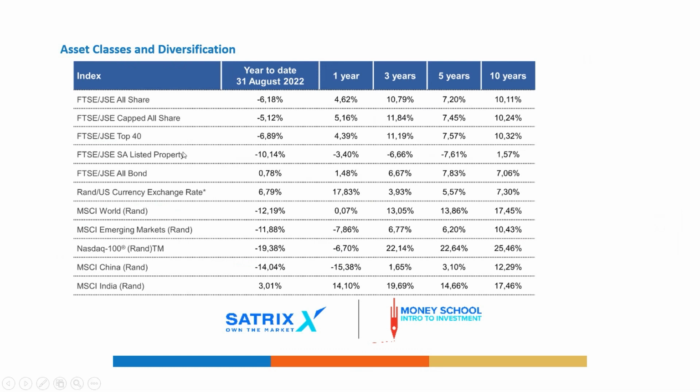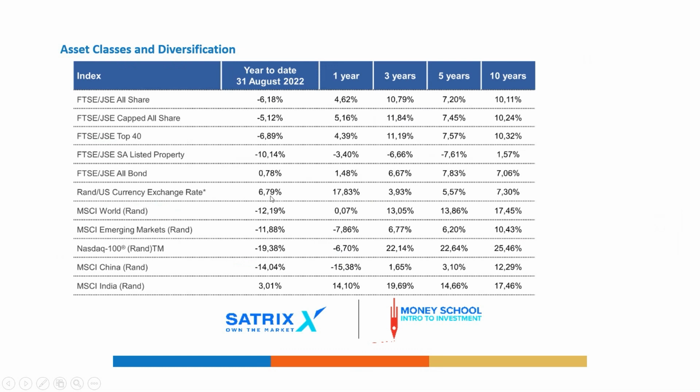And then these would also be equities, but in the international market. As I said, you can have subclasses under equities where you are looking at local equities or international equities or foreign equities. And you can see that for the month of August, some of these were negative. Bonds were slightly up.